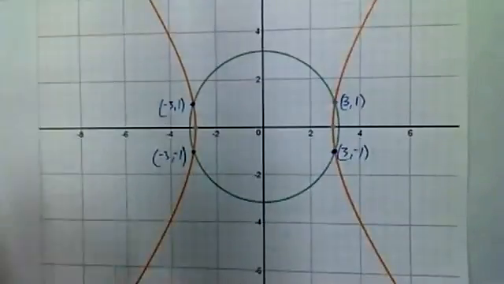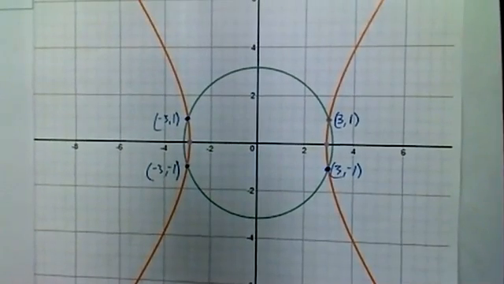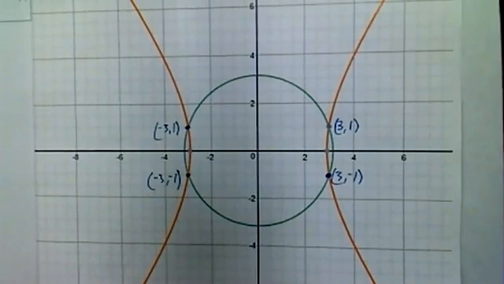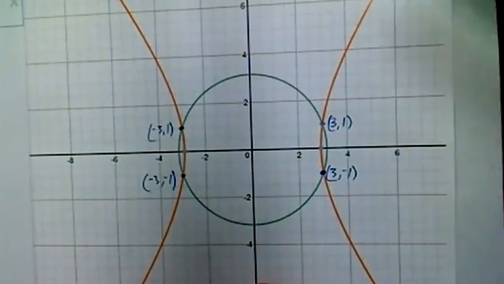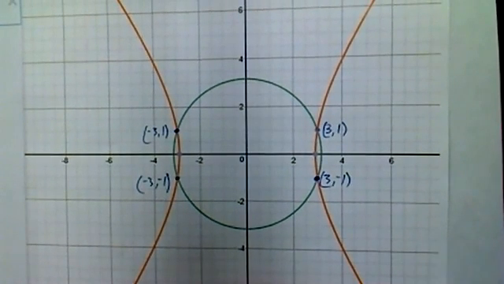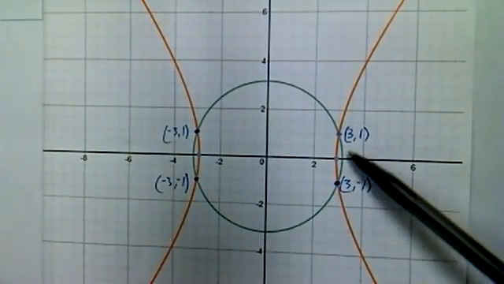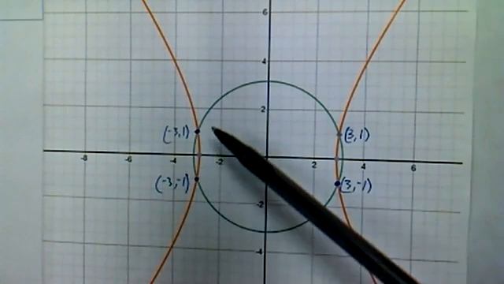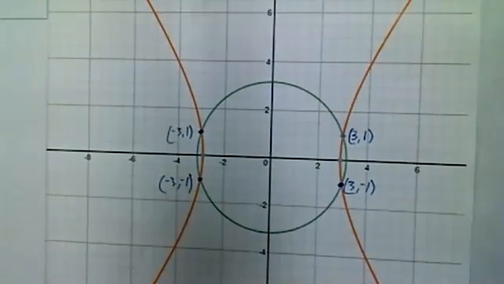We haven't covered that. That's actually a conic section you would cover in pre-calculus, the next class. Essentially it goes off in each direction like this, and there are asymptotes that they never cross. That's called a hyperbola. And you can see that there are 4 places at which they cross, okay?